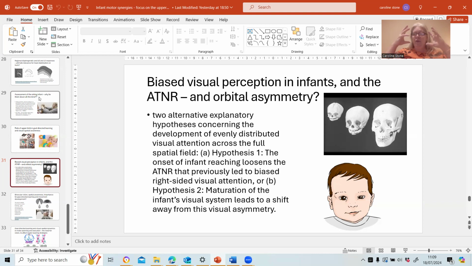And we can then also look at growth within the faciocranial skeleton, and look at whether you end up with facial symmetry, because this is going to place the globe at different distances and potentially slightly different alignments, requiring a different visual accommodation in order to then be able to focus on object manipulation. So it's going to affect your spatial awareness potential.